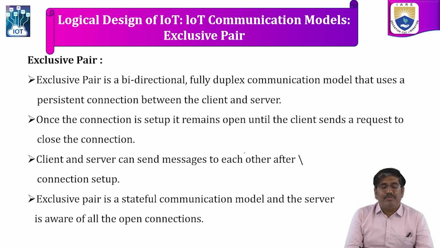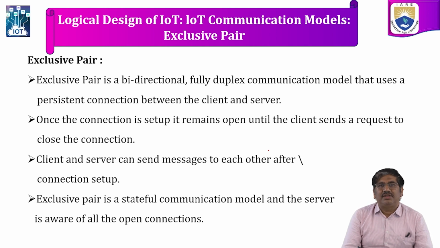The next communication model is exclusive pair. Exclusive pair is a bidirectional, full duplex communication model that uses a persistent connection between the client and server. Once the connection is set up, it remains open until the client sends a request to close the connection.